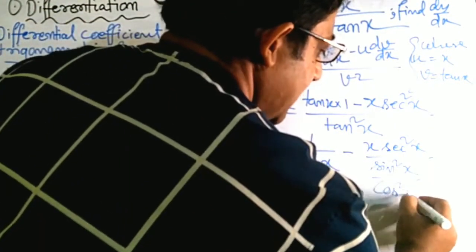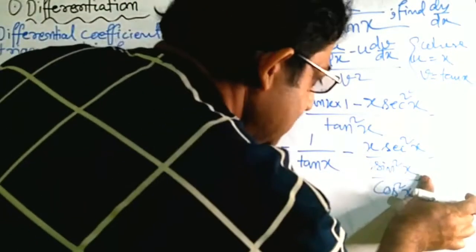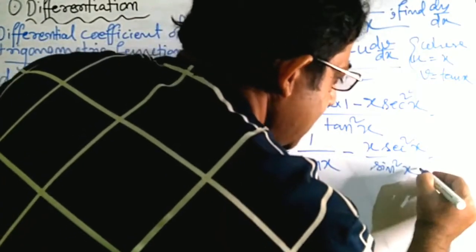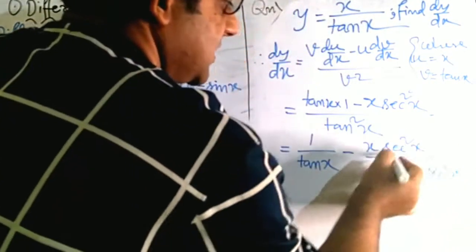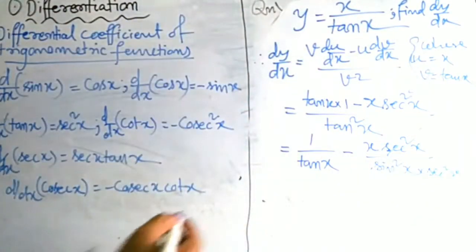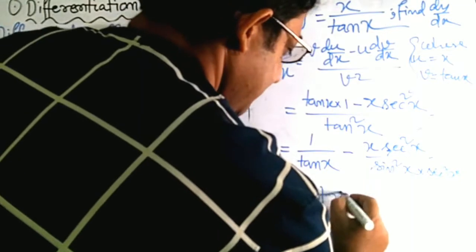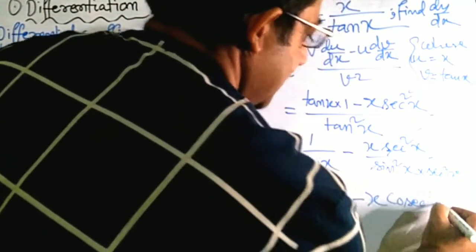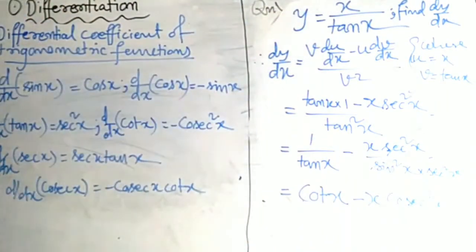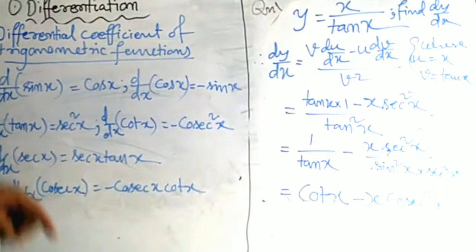Now 1 by cos square x is equal to sec square x. So instead of this 1 by cos square x, I can write sec square x, and this sec square x got cancelled with this sec square x. So this has become 1 by tan x, which is cot x, minus x by sin square x, which is x cosec square x. So dy by dx is cot x minus x cosec square x.